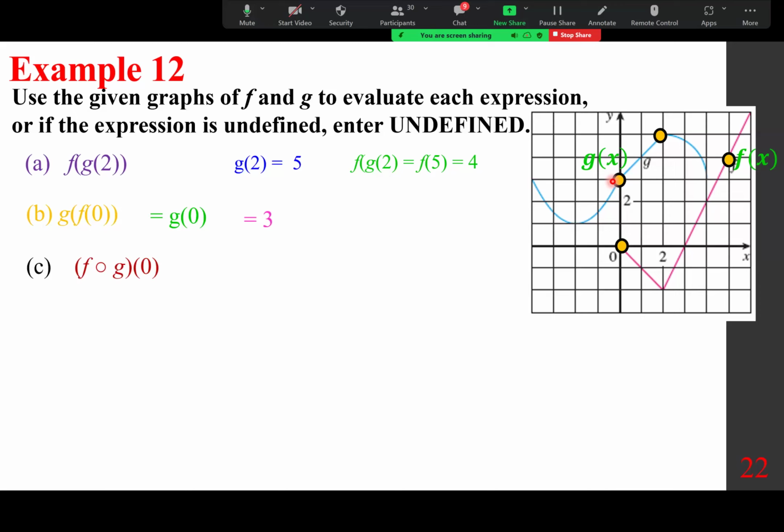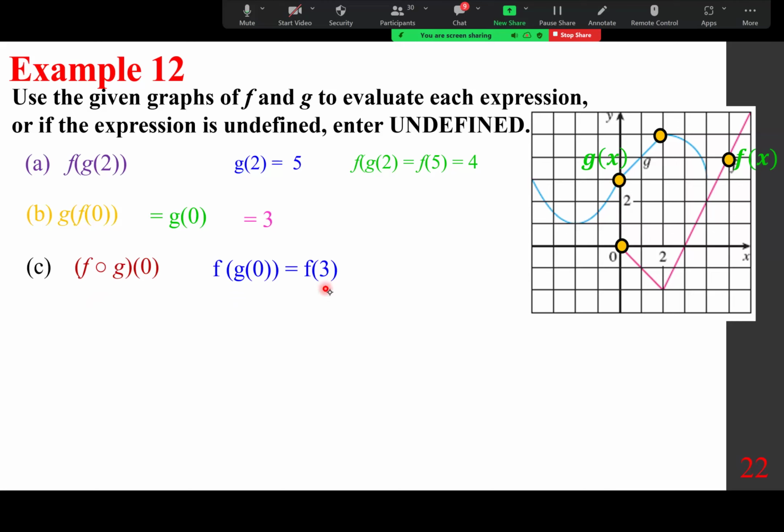However, f of g of 0, that means f of g of 0, and we know g of 0 previously, it was 3. So that's why I didn't do that again. So g of 0 is 3, right?